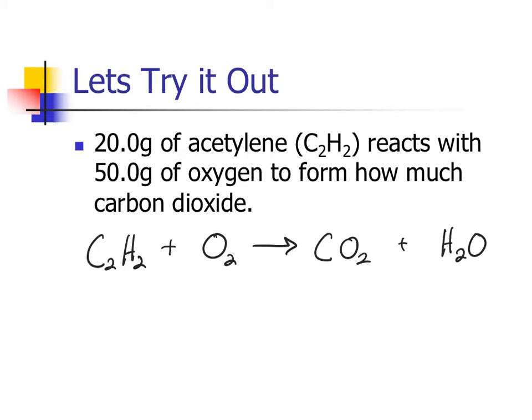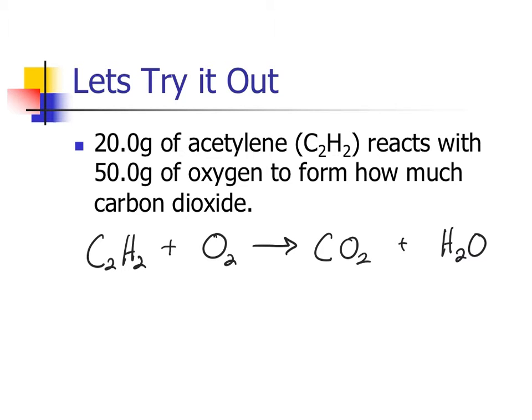I do have to balance out some things first here. We need to be able to see what's going on with that. I'll have to balance out my hydrogen, which looks to be good. My oxygen is definitely going to require some help, but we should be able to go with that.